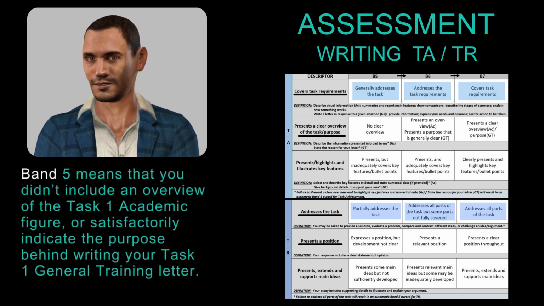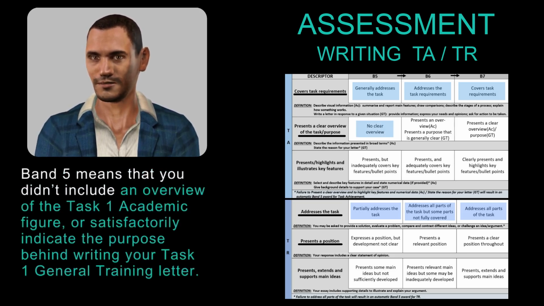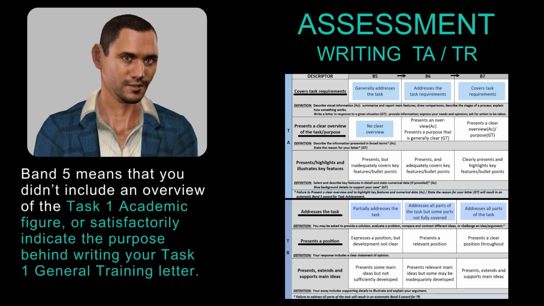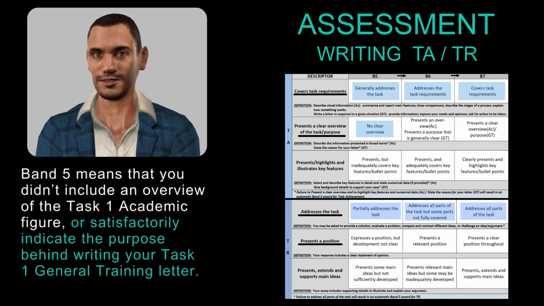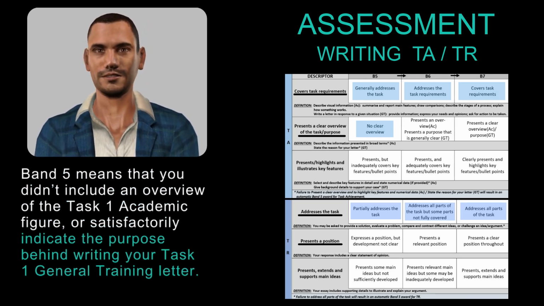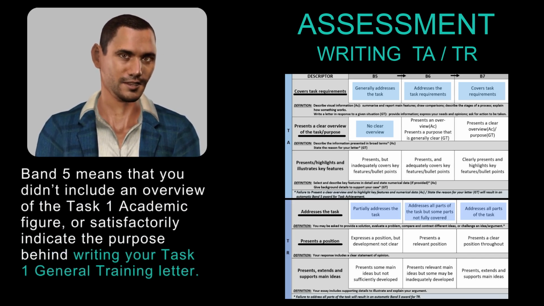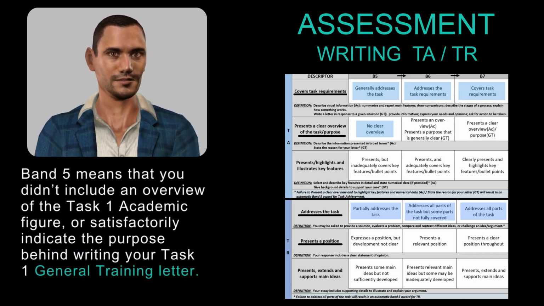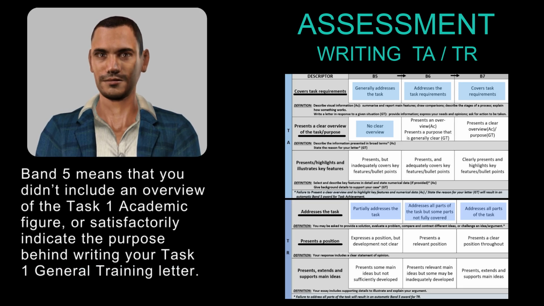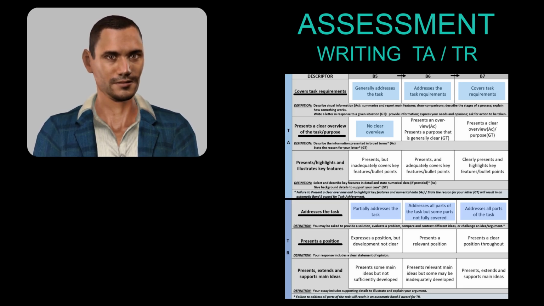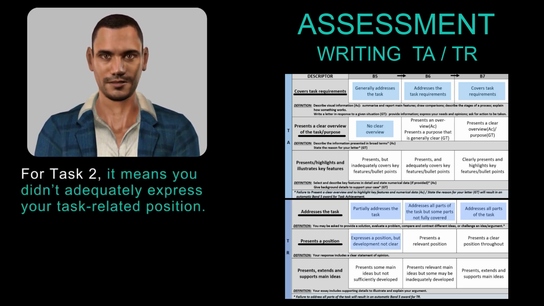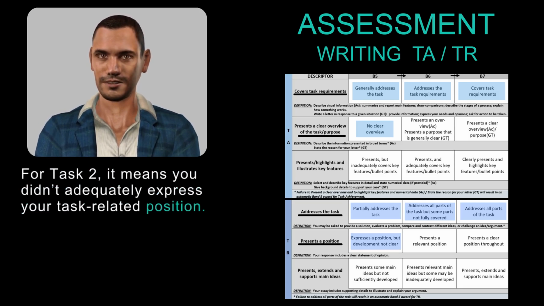Band 5 means that you didn't include an overview of the task 1 academic figure, or satisfactorily indicate the purpose behind writing your task 1 general training letter. For task 2, it means you didn't adequately express your task-related position.